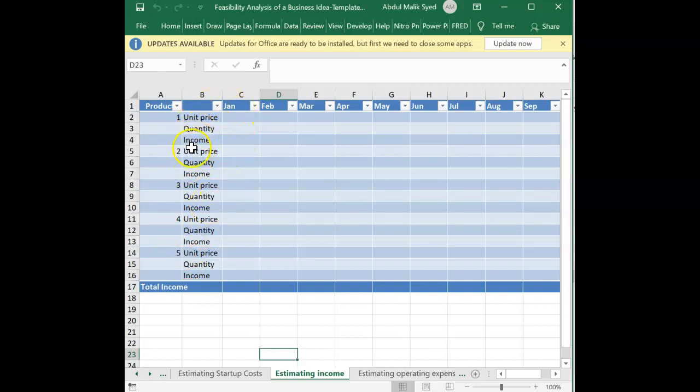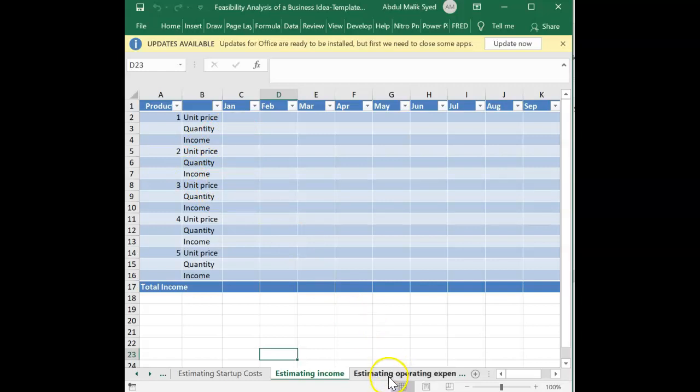Suppose we talk about an online business, then what are your products? Like if you are providing some online membership, what will be the price of that membership and how many memberships are you going to sell? Whether you have some free membership in your online business, something like this, right? But I will be talking in terms of the coffee business.